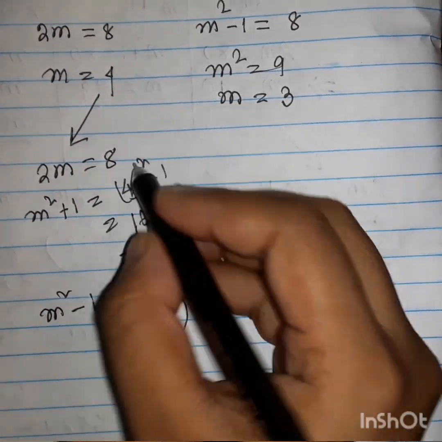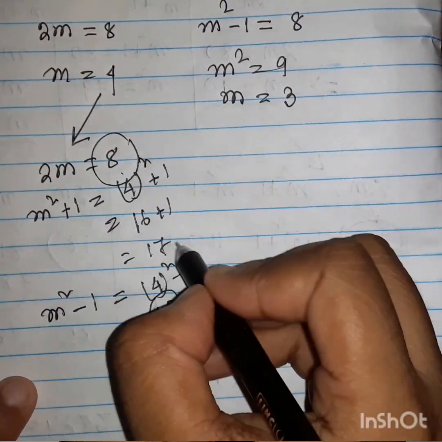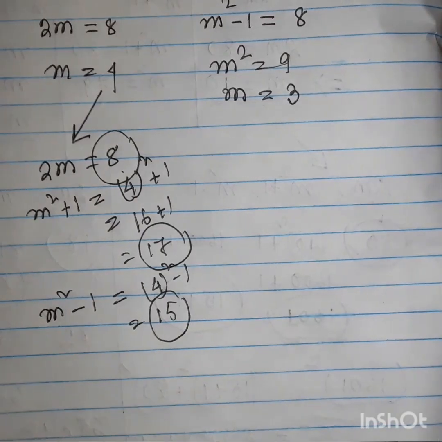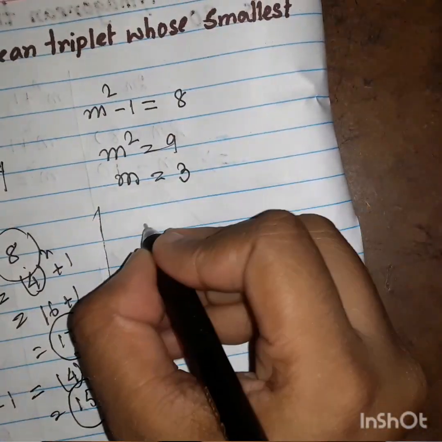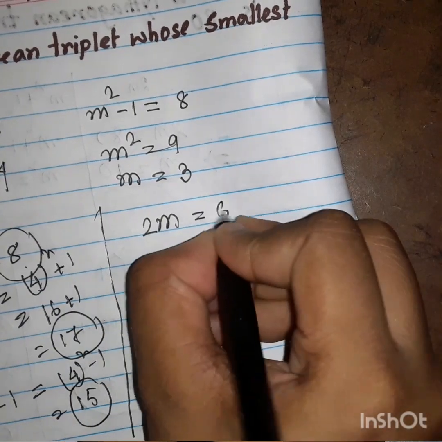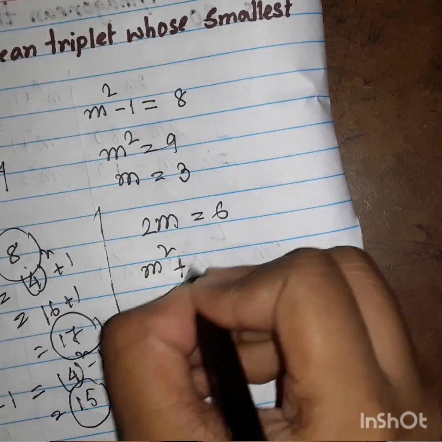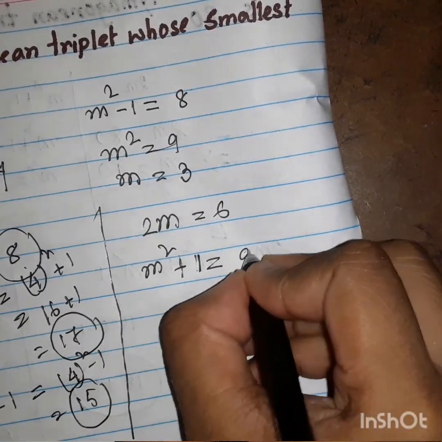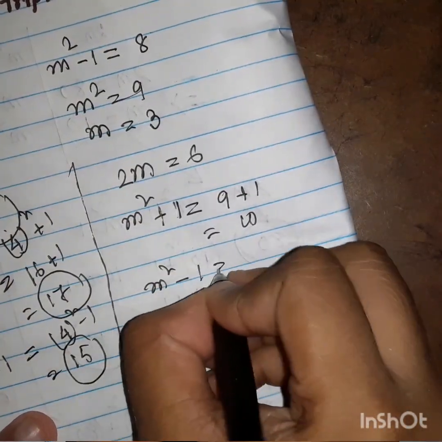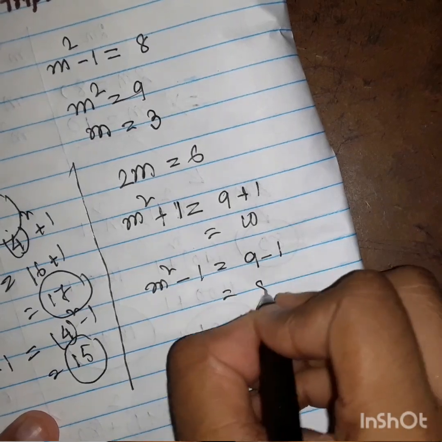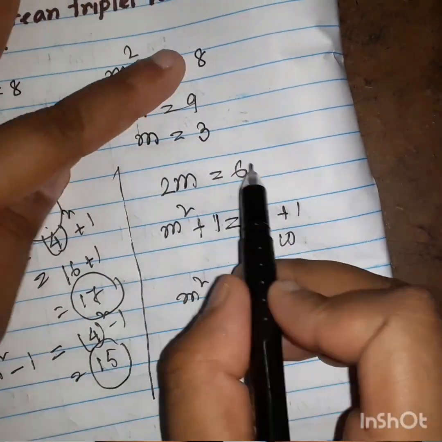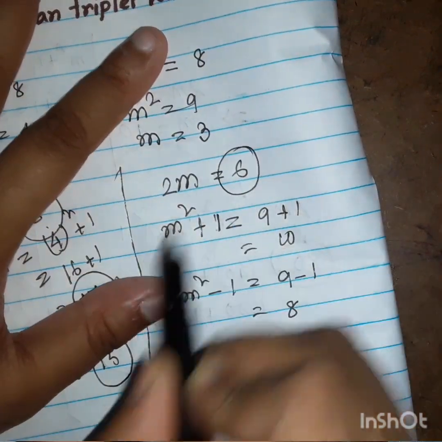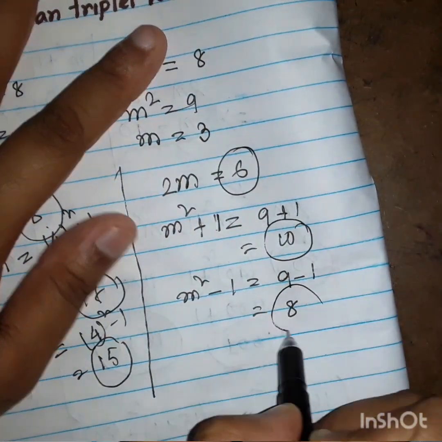Then this set has three numbers: 8, 17 and 15. But for the next option, we have 2m equal to 6, m square plus 1 equal to 9 plus 1, that is 10, and m square minus 1 equal to 9 minus 1, equal to 8. So in the second set, we have three numbers: 6, 10 and 8.